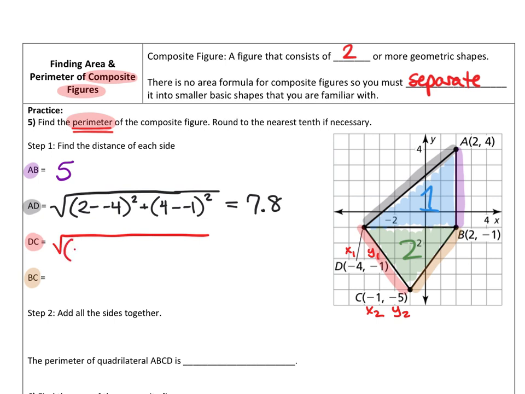That makes this -1 minus -4, close parentheses, squared, plus -5 minus -1, close parentheses, squared. This one's nice. Again, if you were to do this in your calculator, I'm trusting we can do it at this point. I'm just going to speed us through this. It is 5.